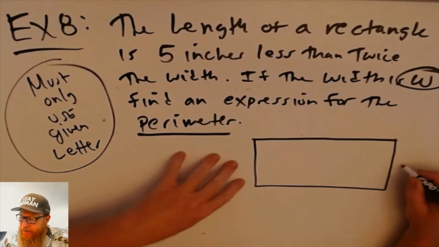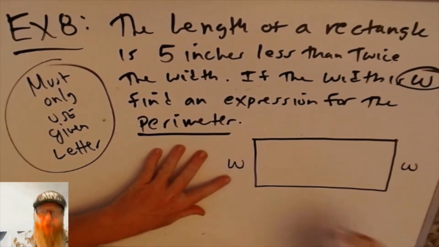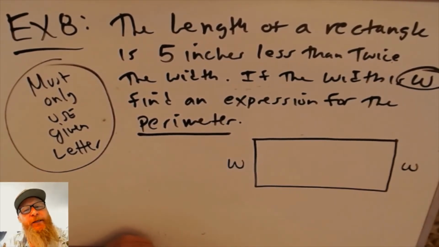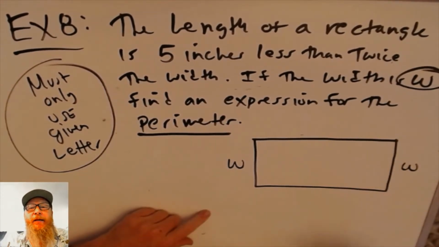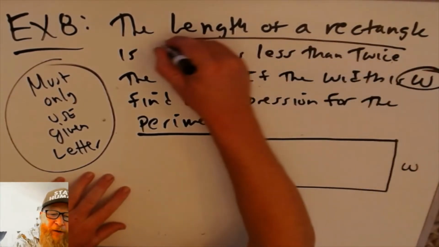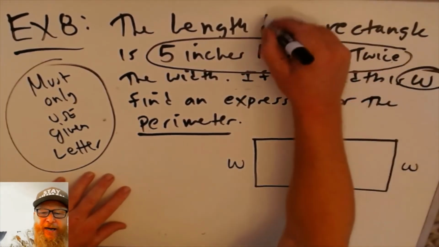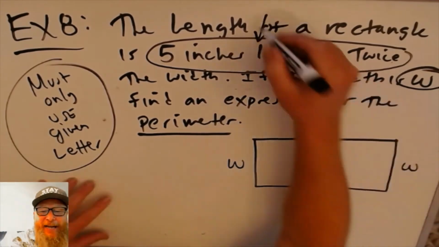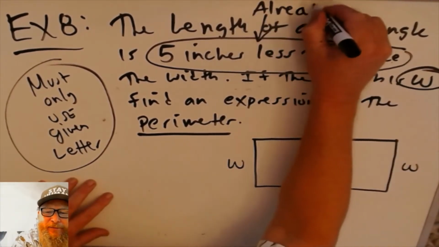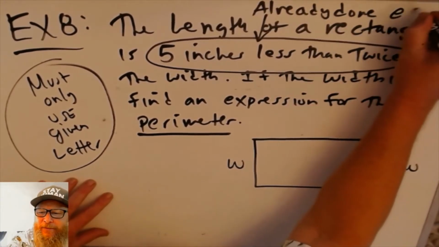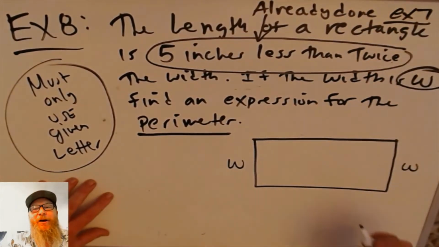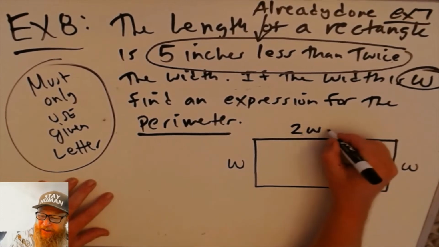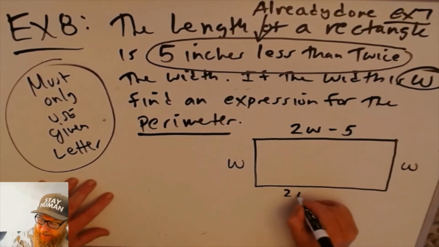W is typically the shorter side of the rectangle. When you're drawing a rectangle for an algebra problem, you might as well just call W the smaller side. Now, since we've already solved this one in example 7, it's 5 inches less than twice the width.